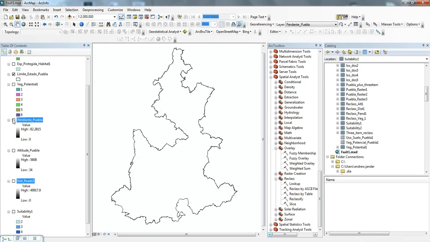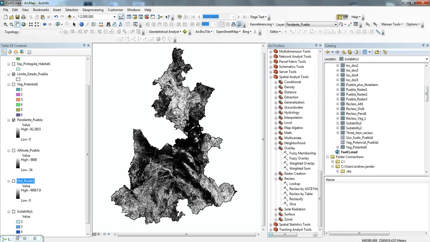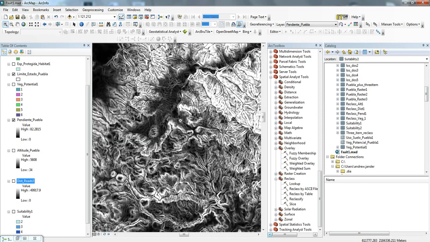The other one is slope. If I zoom in here, you can see that the areas that are more black are lower, more flat, and the areas that are whiter or in the lighter gray colors are more inclined.